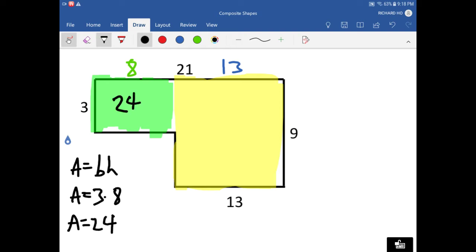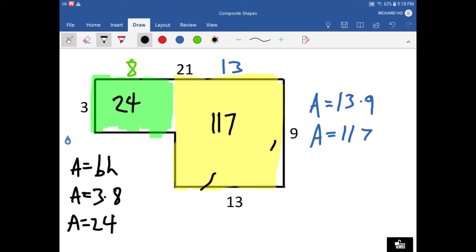So this is 24 here. Then this yellow one is 13 times 9. So A equals 13 times 9. So A is 117. So here, this is 117. So together, 117 plus 24 is 141.